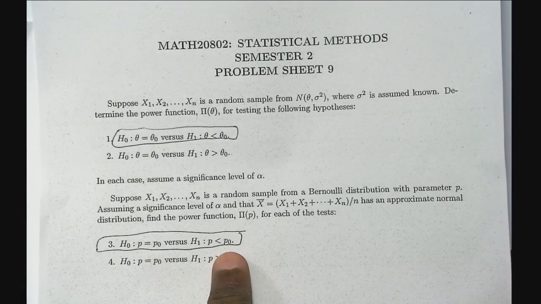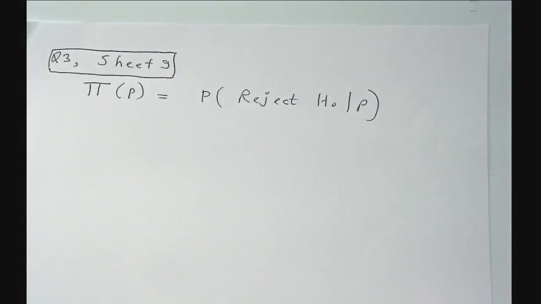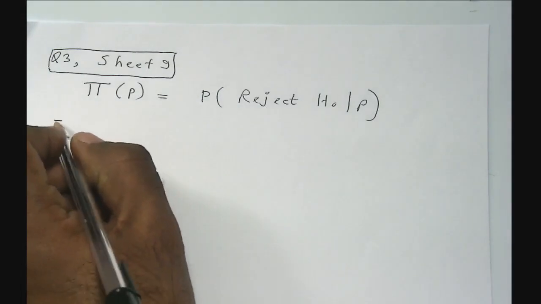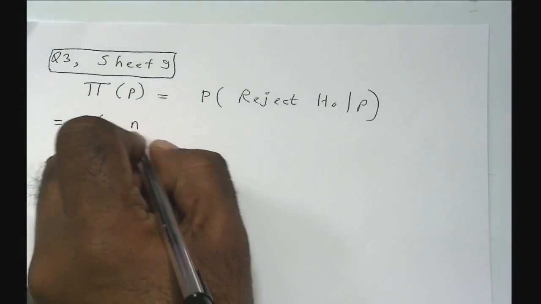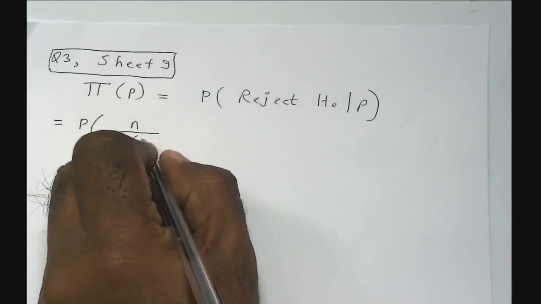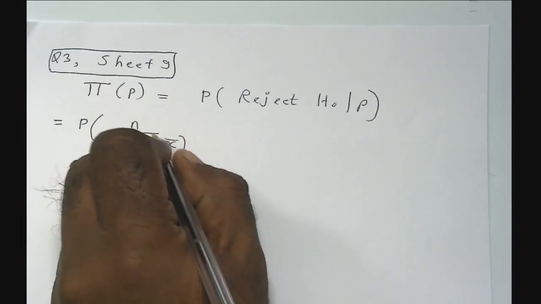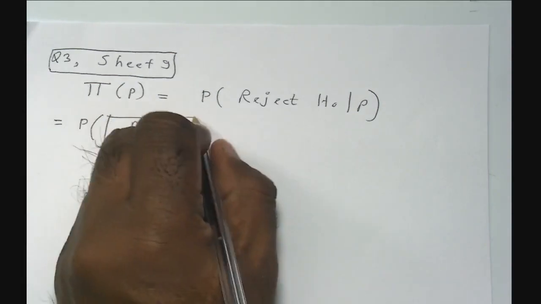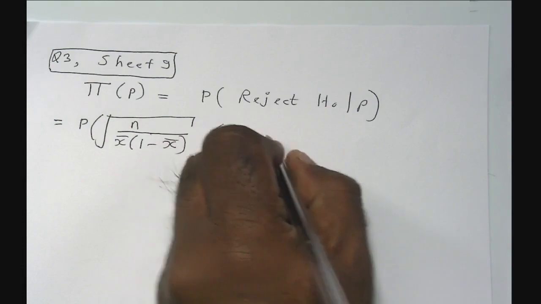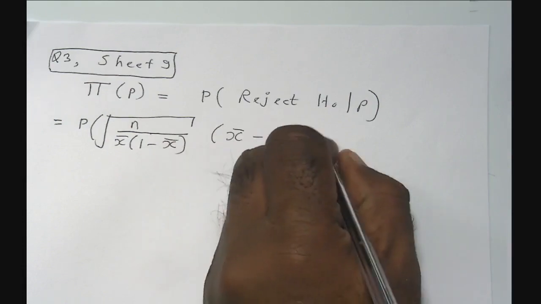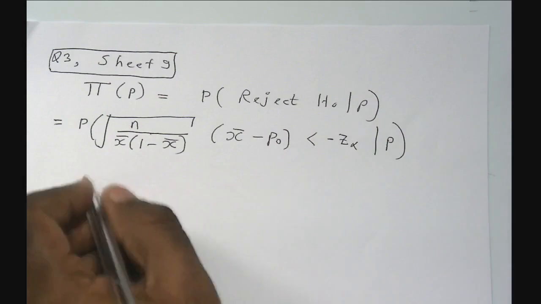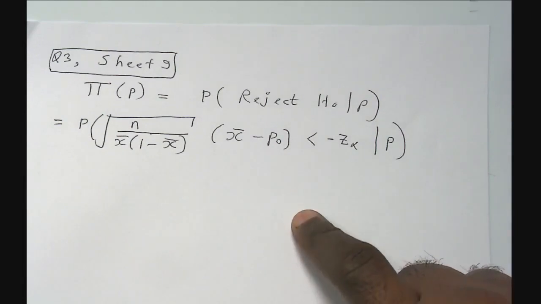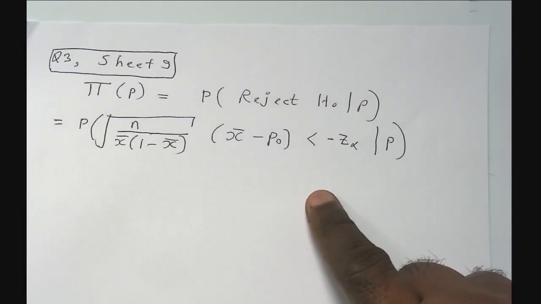Now, once again, if you look at the hypothesis, the hypothesis we are looking at is p equal to p0 versus this. So once again, if you look at the rejection rule in the lecture notes, it is as follows. This is the rule in the printed lecture notes, although I gave an alternative set of rules which are slightly different.